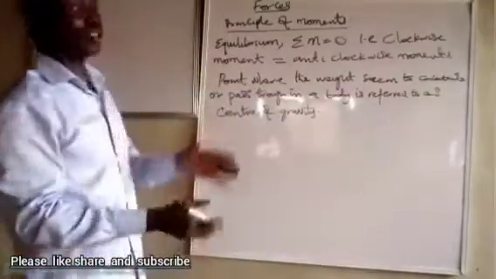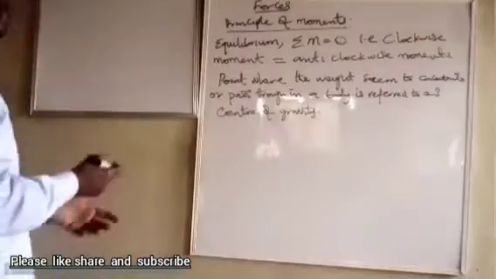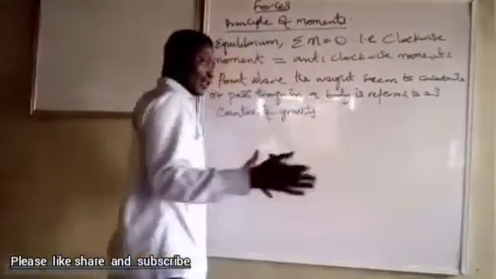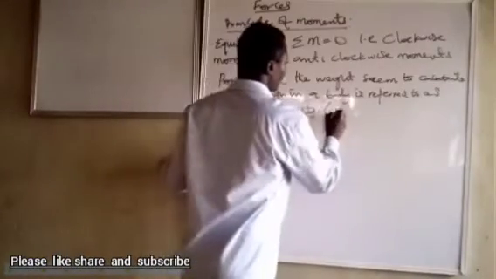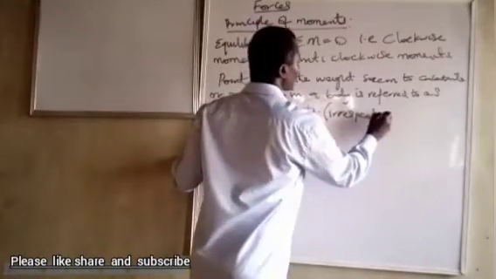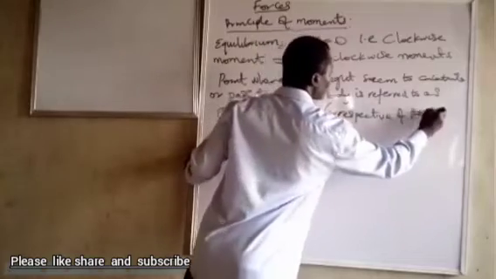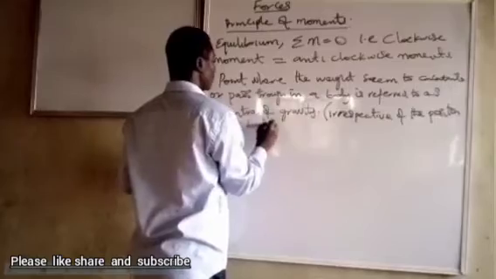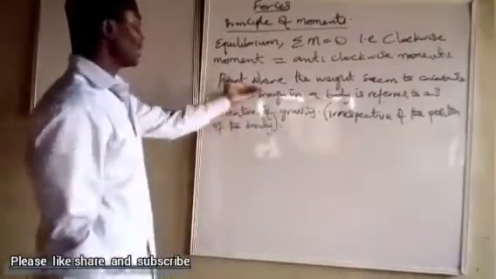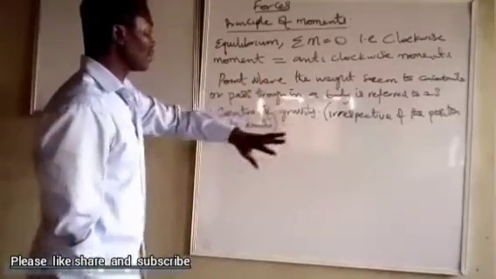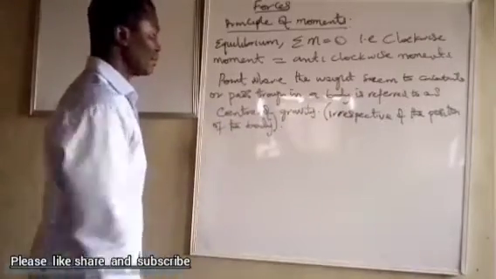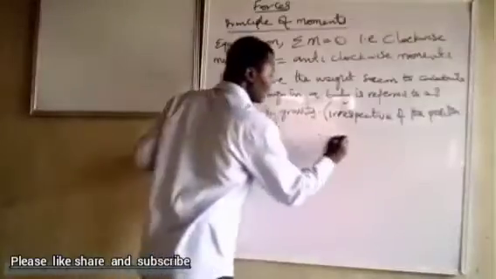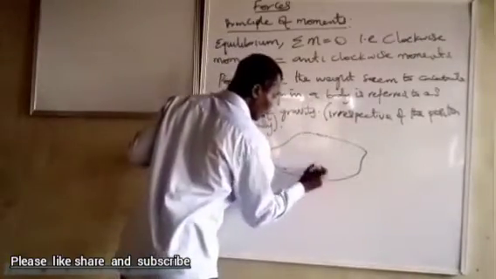In the same way, the point at which the mass seems to concentrate or pass through, irrespective of the position of the body, will be referred to as the center of mass. When you want to get this center of gravity or center of mass, there are techniques we use, but most times you just place the body on pointed objects.